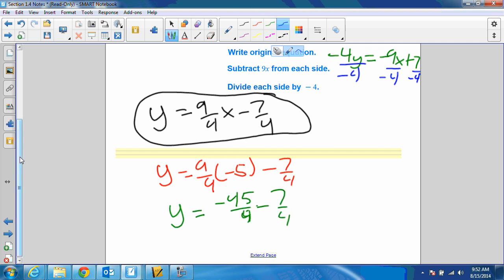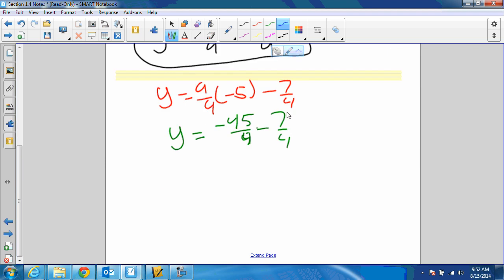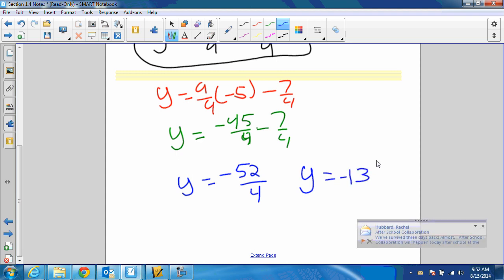They have the same denominator, which makes it easy. Negative 45 minus 7 is negative 52/4, which can reduce down. What's 52 divided by 4? 13. So y equals negative 13 would be your answer.